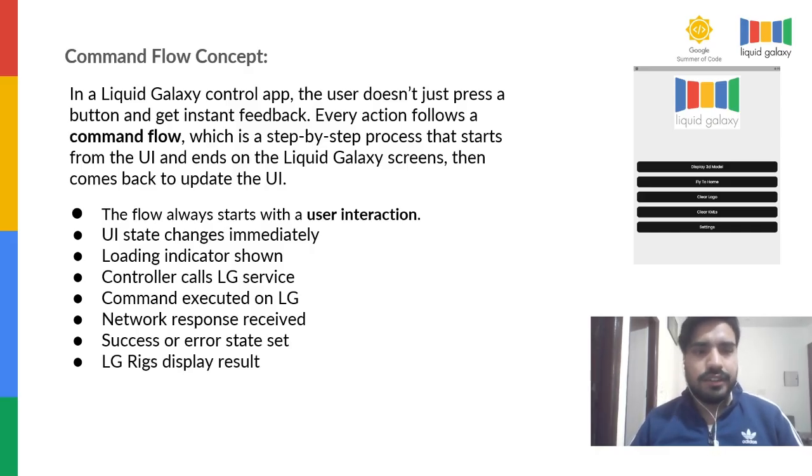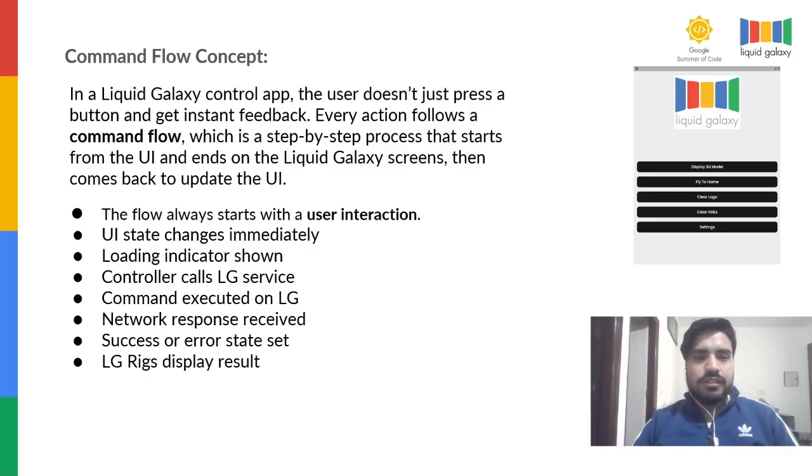In a Liquid Galaxy controller app, the user doesn't just press a button and get instant feedback. If I press a display 3D model button, it does not get an instant response. It takes some time after executing that command, then the application gets the response from the rig.